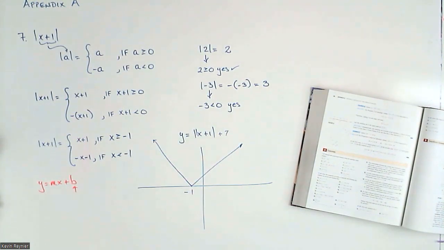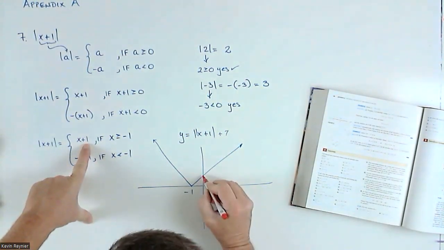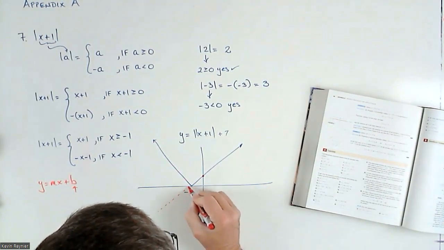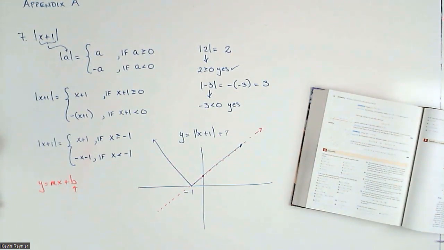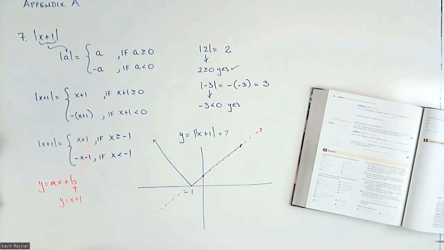This is our y-intercept. Our y-intercept here is 1. So that's here. Our slope is 1. So that line is right here. This is the line y equals x plus 1 from back in algebra 1.